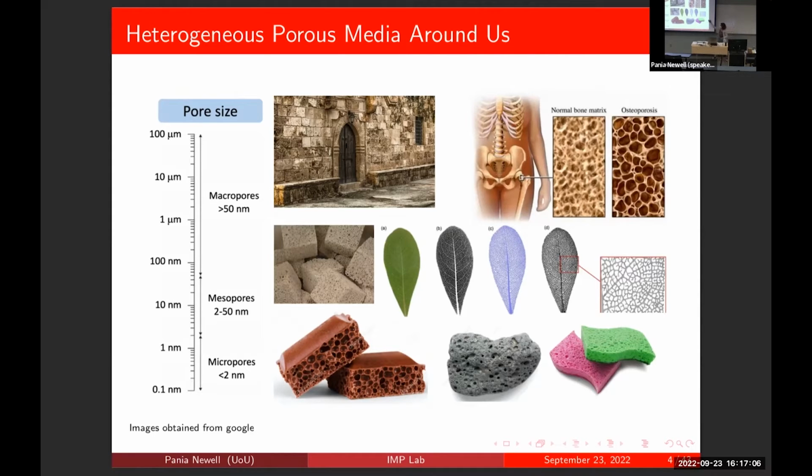Why don't we create artificial porous systems to give us benefits? And foams are one example. The old ancient brick and concrete buildings are all made of porous systems. And well, my work is mainly looking at geological systems, and you will see today.